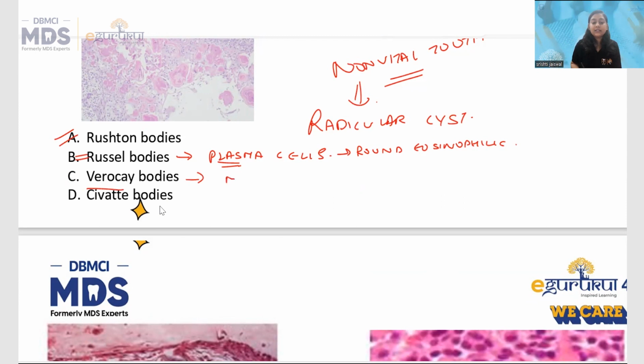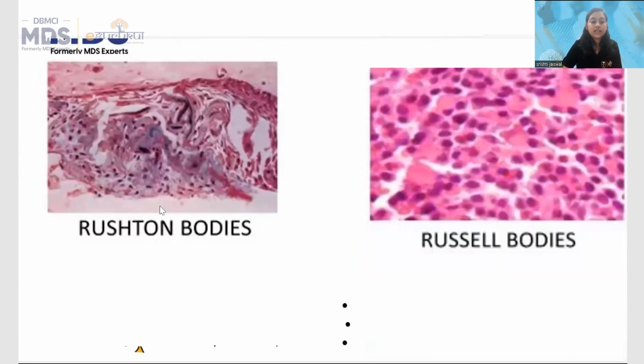These are seen in neurilemoma, or we can say schwannoma. Civatte bodies. Civatte bodies are seen in which skin pathology? It is lichen planus.